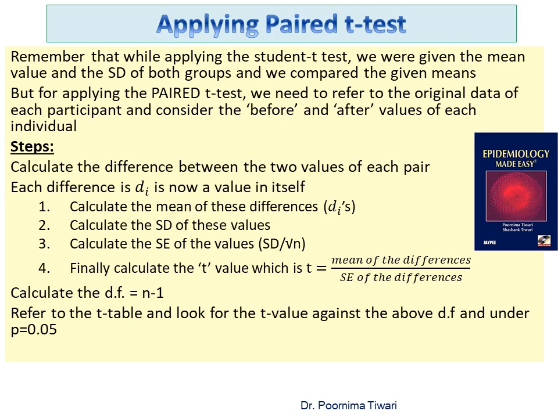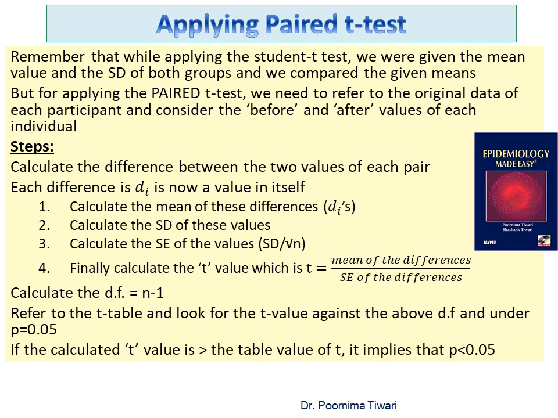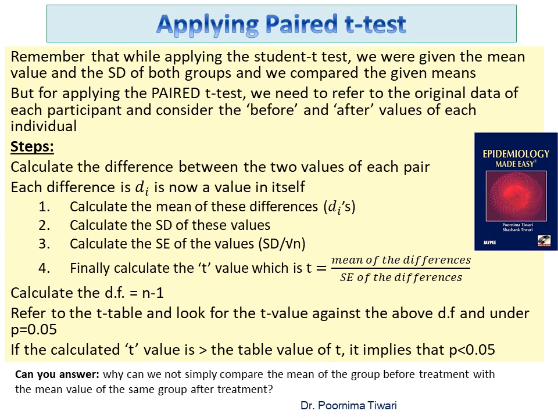And finally, we refer to the t-table, which is the same t-table as we use in the t-test, and look for the t-value against the calculated degree of freedom under P of 0.05. If our calculated t-value is more than the table value of t, it implies that P is less than 0.05. The details will be described in the individual lecture on paired t-test.